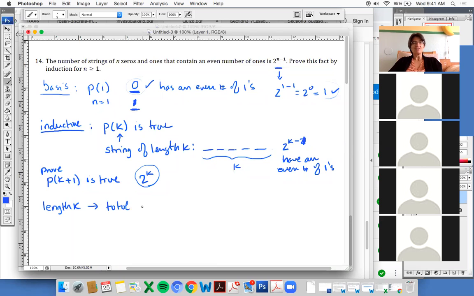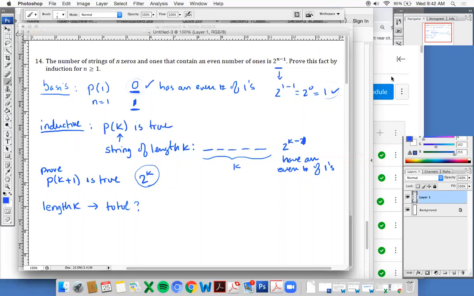Not thinking about whether they have an even number of ones or an odd number of ones, how many are in total? What do you think? So k bits, how many options for each? Well, they can be zeros or ones. So how many total options? Anyone can help me with this one?